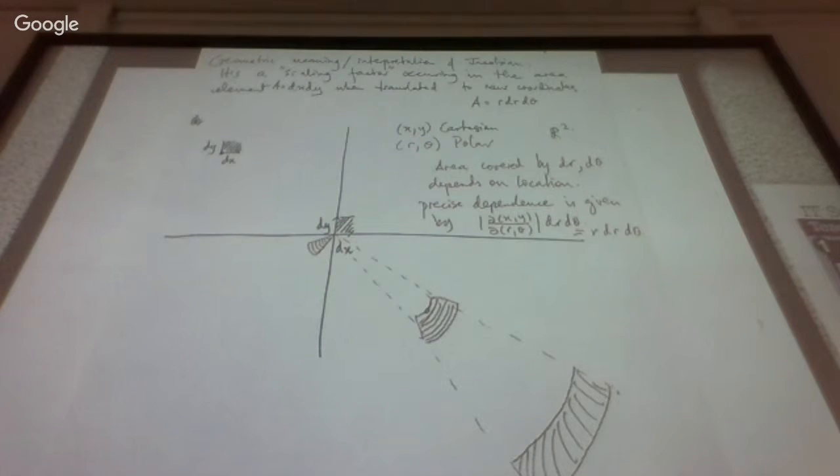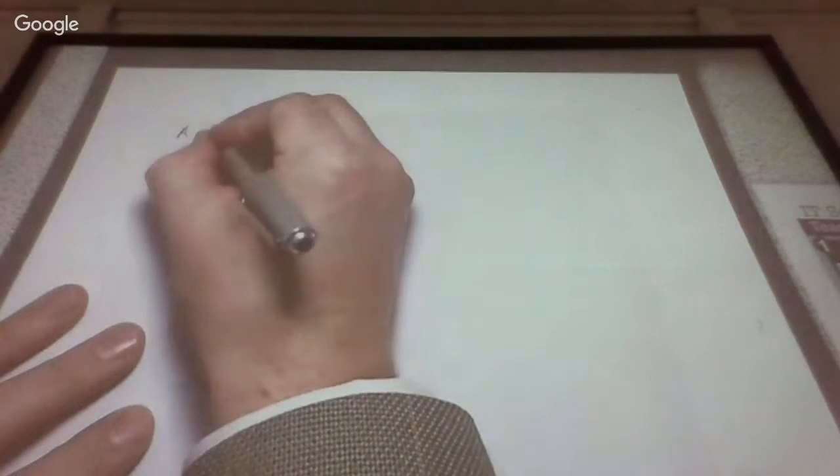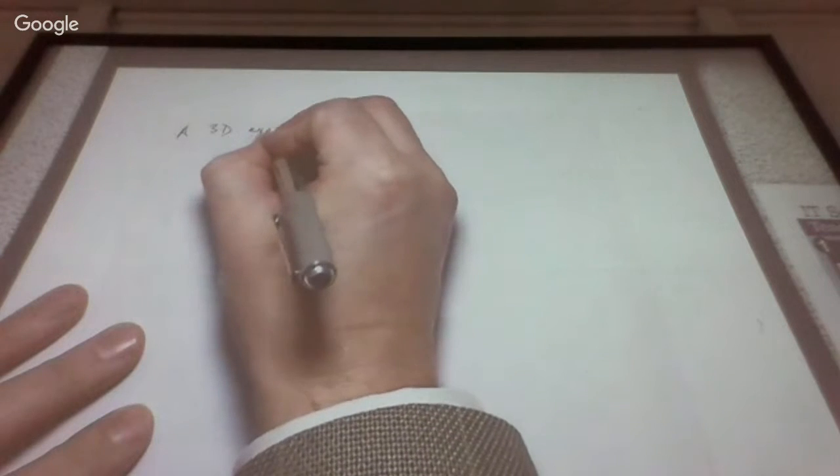And we're going to describe it in a way that's suitable for the cylindrical coordinates. Okay, so we're going to make use here of the Jacobian. We're going to ask for the original integral with respect to the Cartesian coordinates, and then make use of the Jacobian of the transformation from Cartesian to cylindrical. So this is a 3D example.